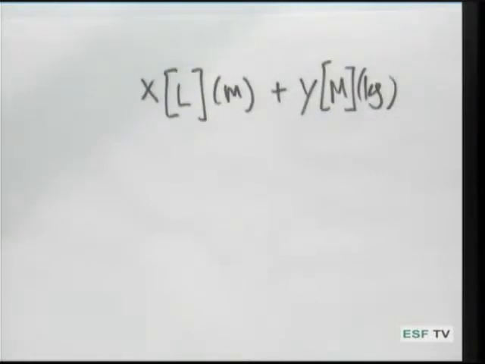You cannot add or subtract dimensions, and you cannot add or subtract units. You can add or subtract two numbers that have the same units, but you cannot add or subtract numbers that have different units.